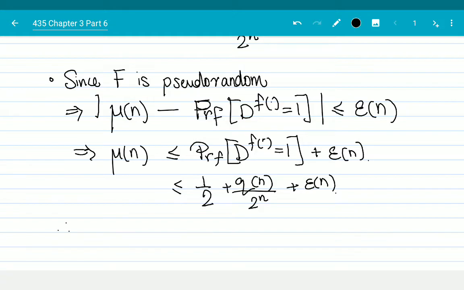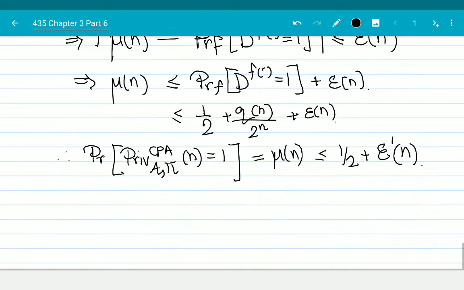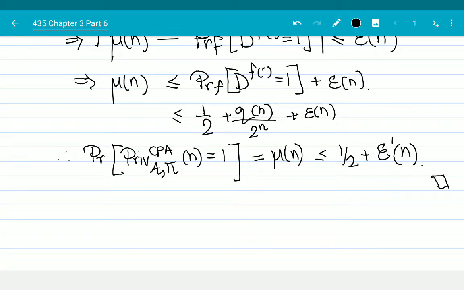And therefore, the probability of the private key experiment under the CPA experiment, Pi n is equal to 1, which is exactly mu n, as we defined before, is smaller than or equal to 1/2 plus some other epsilon prime of n, which is also a negligible function. And hence, it is actually computationally secure.